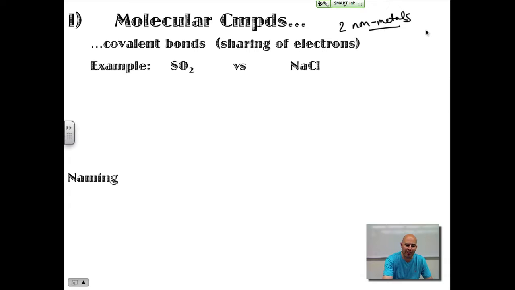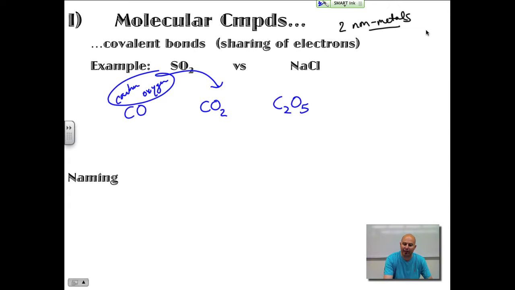Because of that, let me just show you another example real quick before I even name anything: CO, a big capital C and a lowercase o, and CO2, and, let's say, C2O5. CO is carbon and oxygen getting together, as is this one, as is that one.